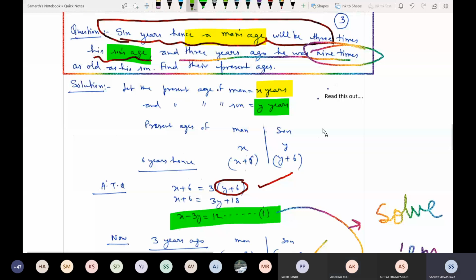The next line: let the present age of son be y years. So have you understood what is y? Sir, the son's present age. And what is x? Present age of man. Okay.